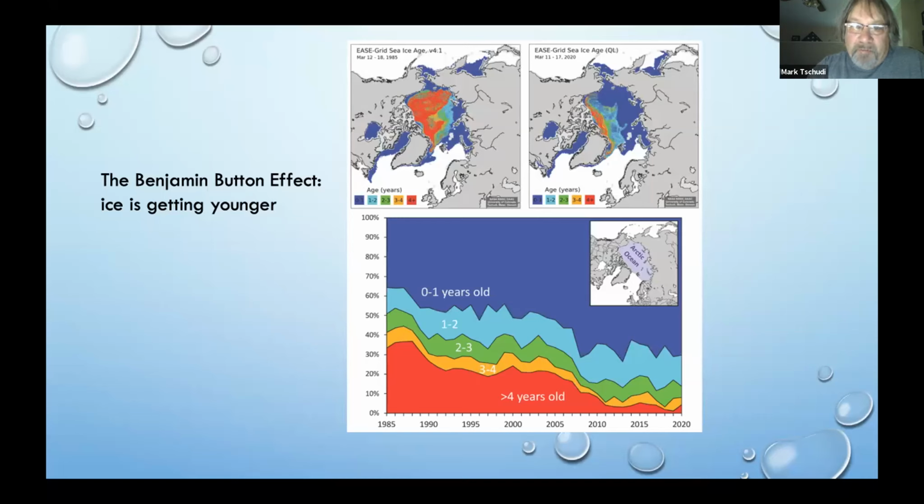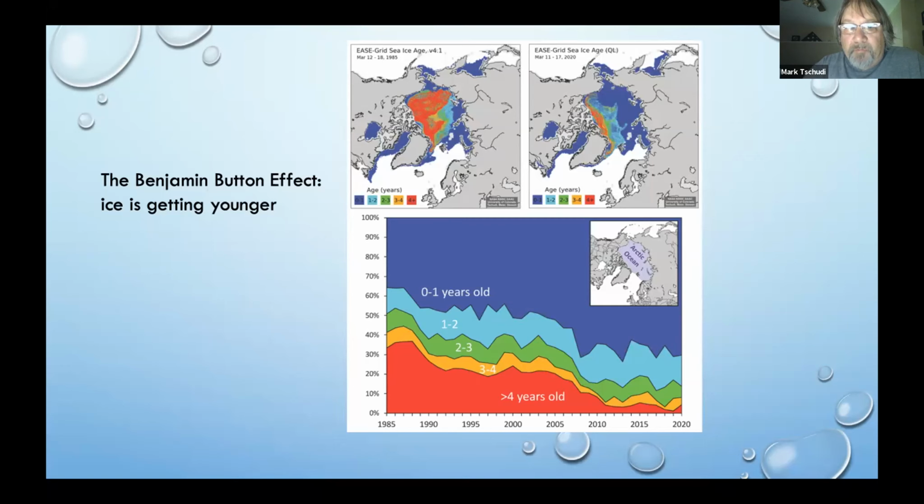So I decided I'm going to call that the Benjamin Button effect. But in actuality, of course, ice is not getting younger, since things can't get younger, but we haven't discovered a fountain of youth. But as you might imagine, the older ice is being replaced by younger ice. So on average, ice is younger in recent times than it was in the past.